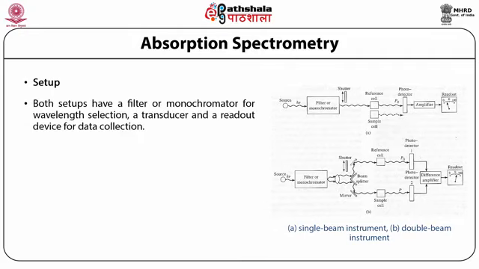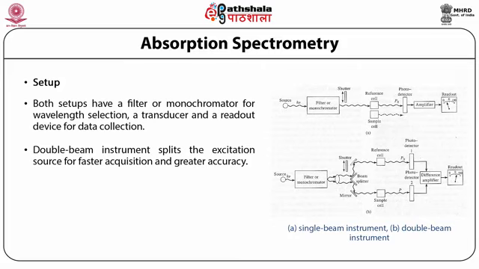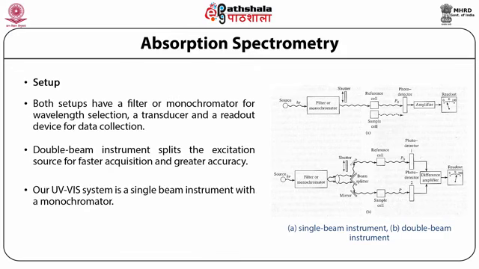Both setups have a filter or a monochromator for wavelength selection, a transducer and a readout device for data collection. The double beam instrument splits the excitation source for faster acquisition and greater accuracy. Our UV visible system is a single beam instrument with a monochromator.